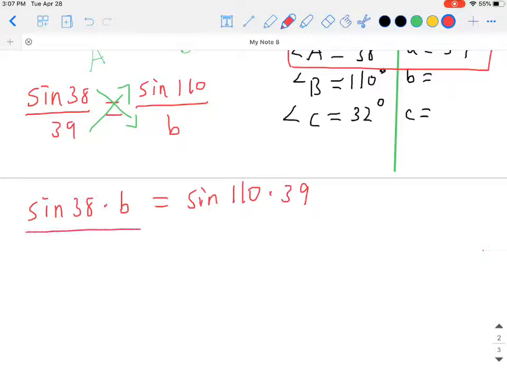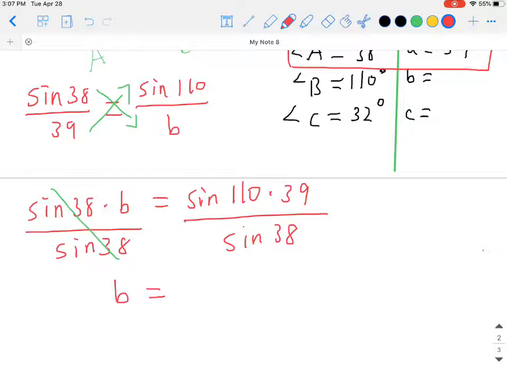Then, before you simplify this, let's just divide by sine 38 on both sides. Sine 38 is a decimal, but I just don't want to deal with a bunch of decimals. So this cancels out, and now we have b equal to, okay, now we have to do a little bit of math here.